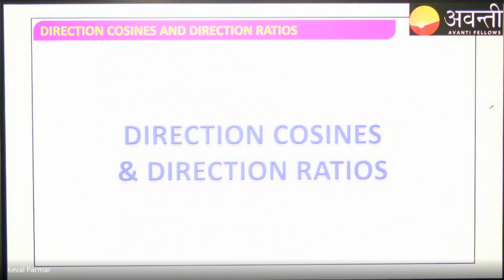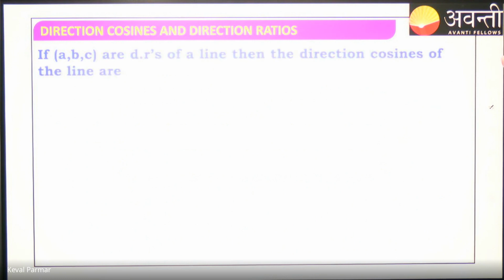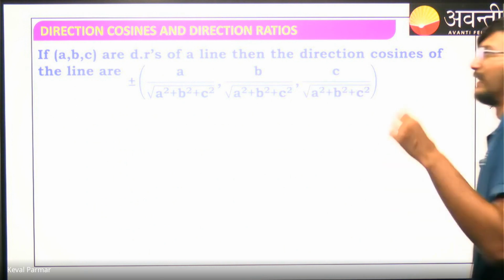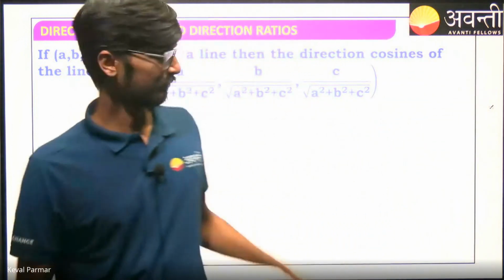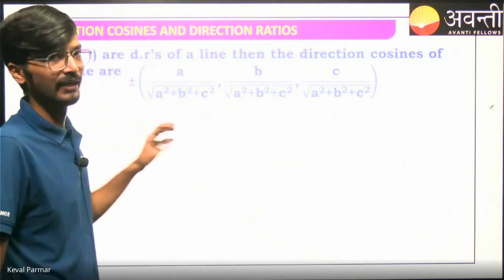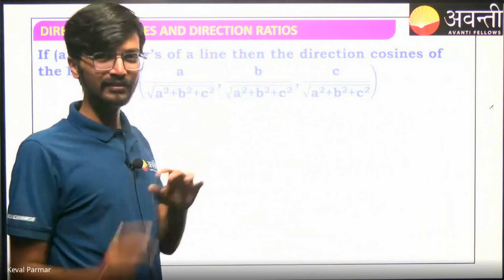Okay, let's see what we have here. So we stopped at DRS and then we were going to do this. It says that if A, B, C are the DRS of the line, DRS means direction ratios, then the direction cosines will be this. So let us derive this.